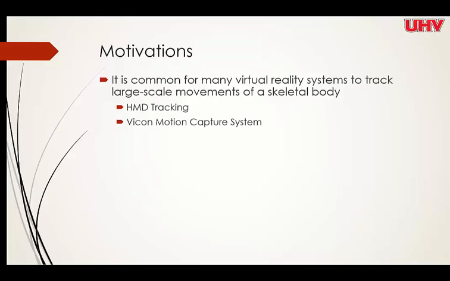So the idea behind our work is that we would like to integrate this already available mechanism for global movement tracking through HMD positional tracking for the head and user's pose, as well as the large-scale, non-rigid body, skeletal tracking with a Vicon motion capture system, or any number of motion capture systems for that matter.